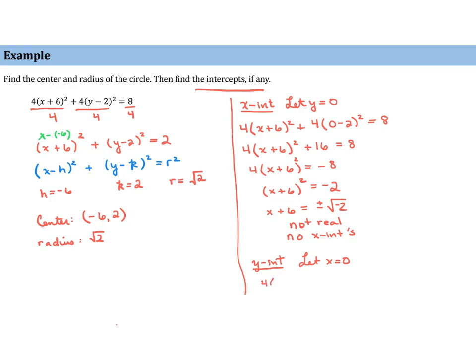We'll have 4 times 0 plus 6, quantity squared, plus 4 times y minus 2, quantity squared, equals 8. And this would give us 6 squared is 36, times 4 is 144, plus 4 times the quantity y minus 2, quantity squared, equals 8.